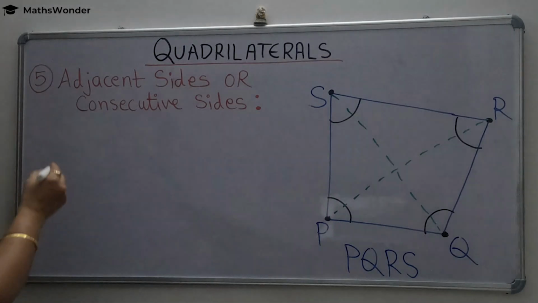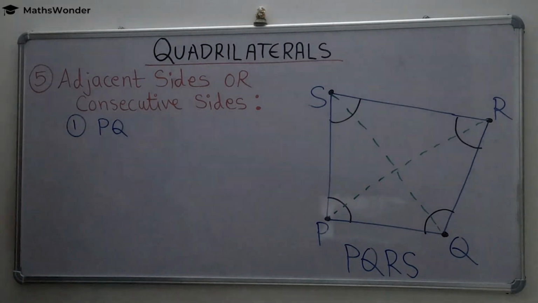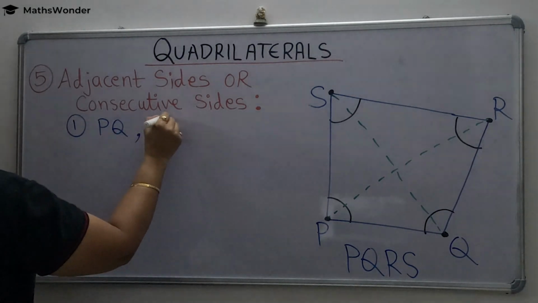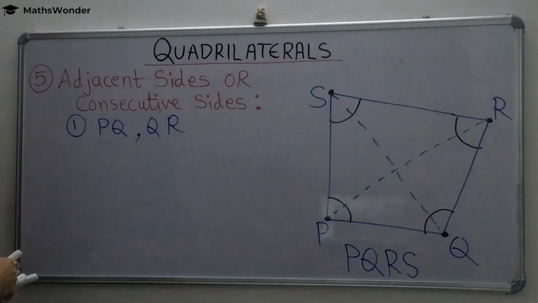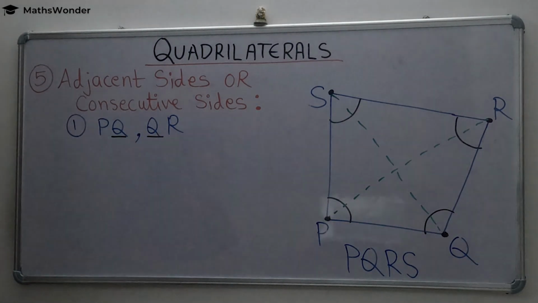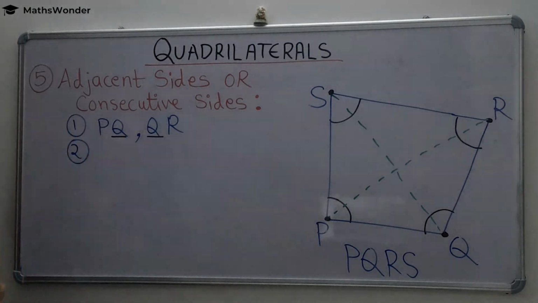First pair is PQ and QR. Here Q is the common vertex for both the sides, right? So the definition is 2 sides with a common end point, and we call them adjacent sides. The other name of adjacent sides is consecutive sides.